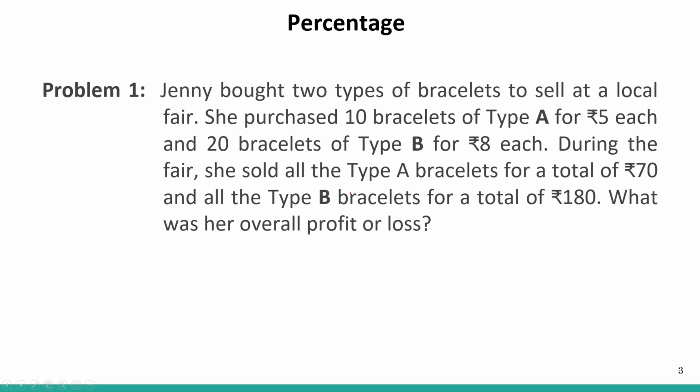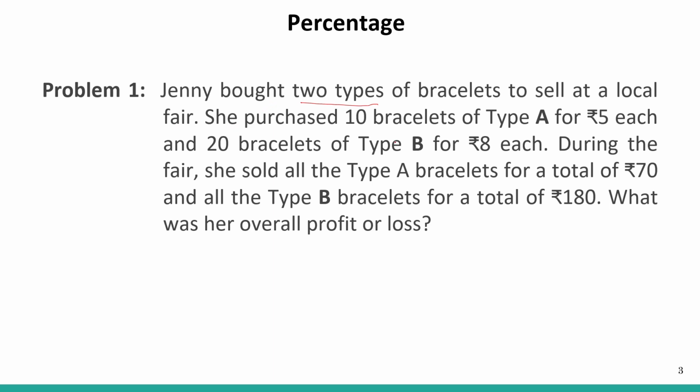Problem number 1 tells us that Jenny bought two types of bracelets to sell at a local fair. So she goes to a local fair, gets two types of bracelets, and will be selling them there.